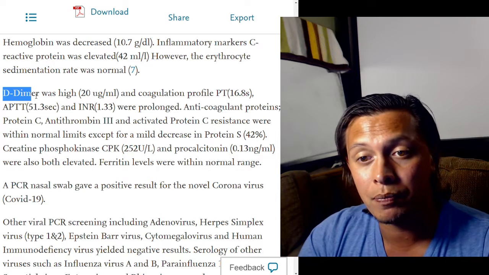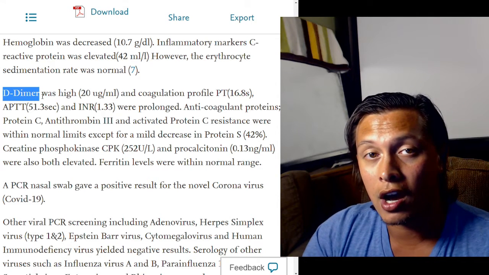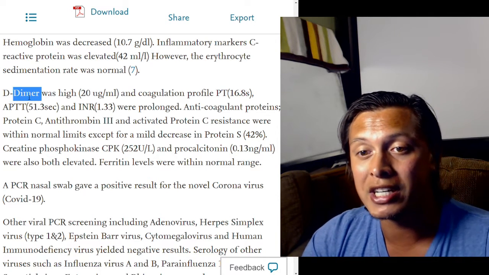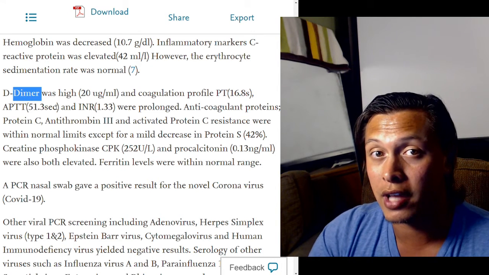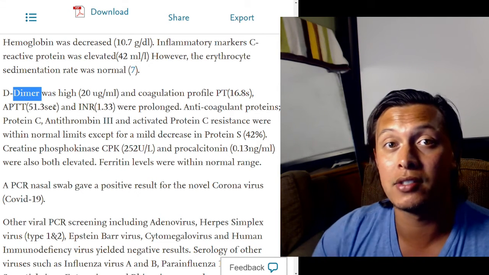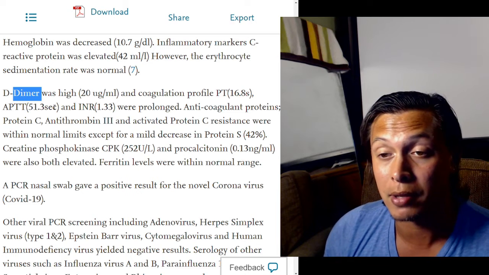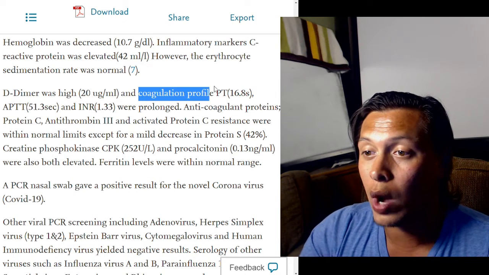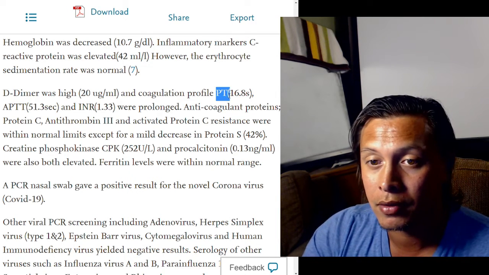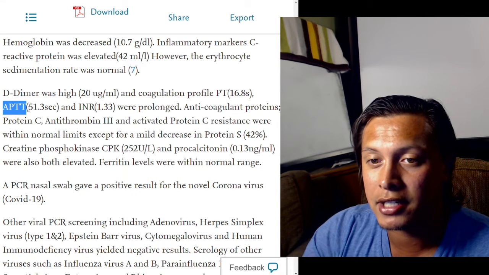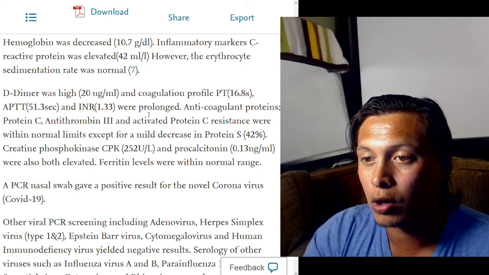D-dimer is one of the waste products of blood clot formation. So when D-dimer is high, that tells you that there might be significant blood clotting going on somewhere in the body. And the coagulation profile, PT, APTT and INR, were prolonged.